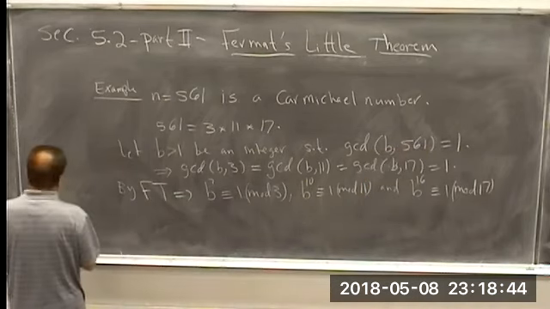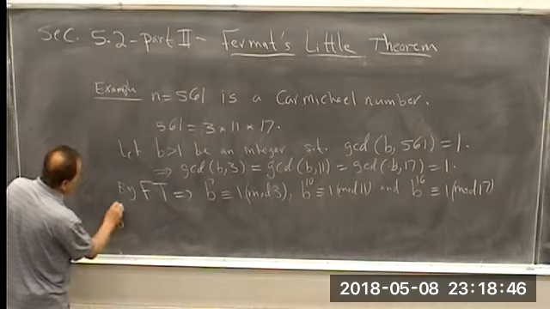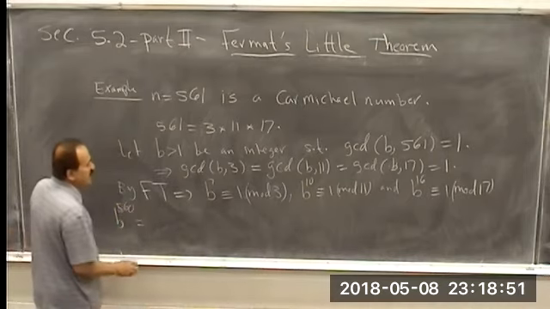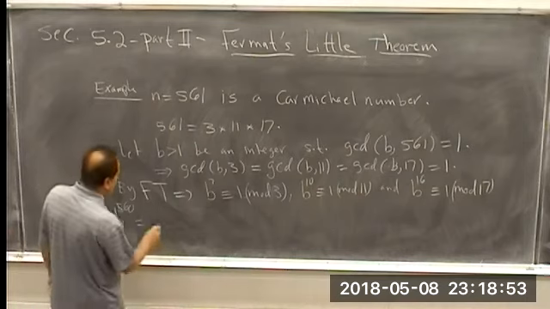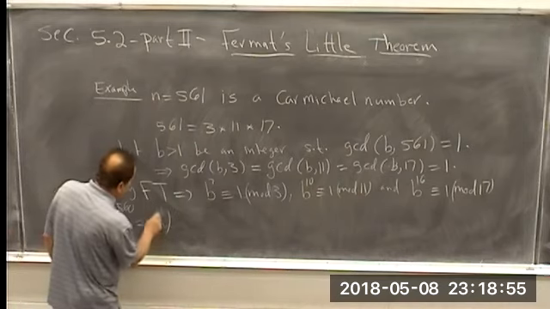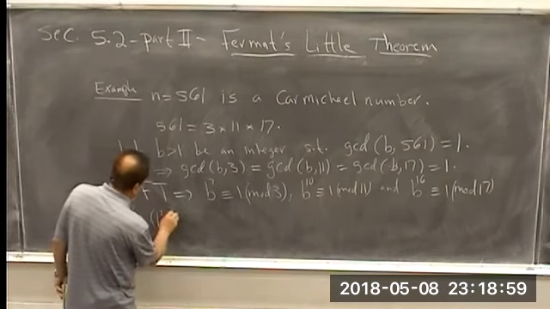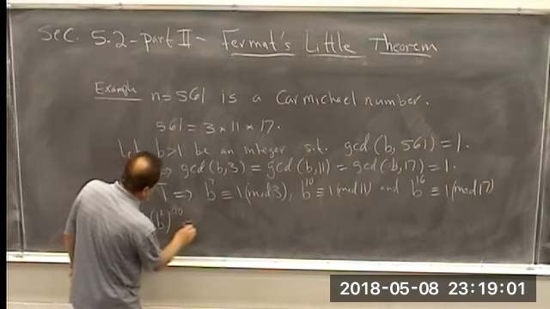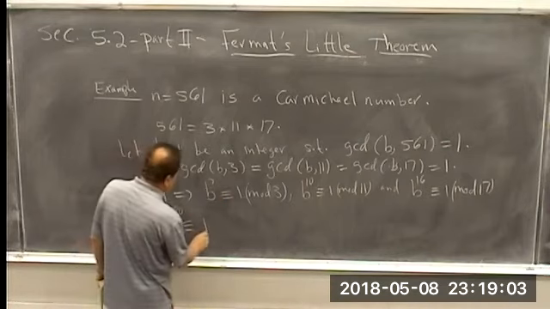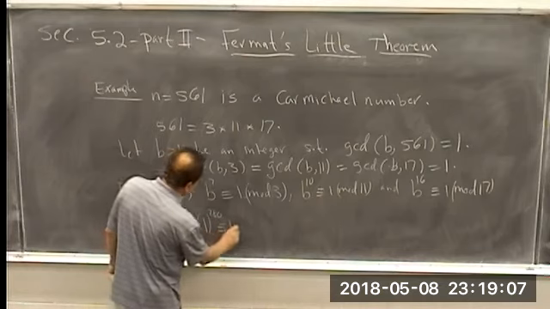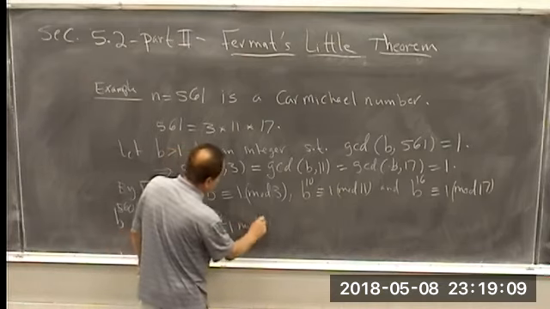All right, now we're going to look at b to the 560. We can write this as b squared to the exponent 280. But since b squared is congruent to 1, this is congruent to 1 to the 280, which is congruent to 1 mod 3.